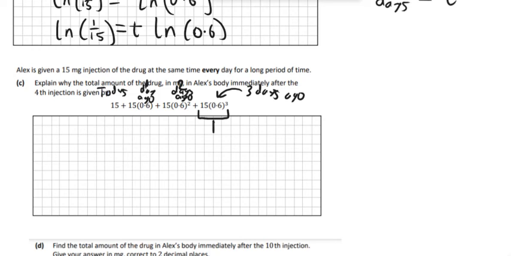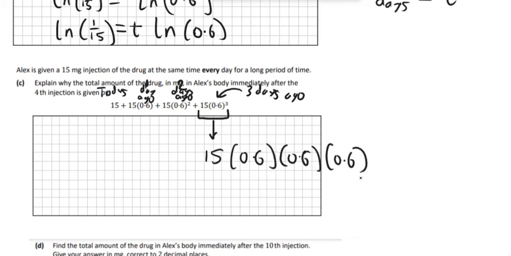If he got 15 in his body 3 days ago, then it would have to be 15 times 0.6 times 0.6 times 0.6, because there's 0.6 amount left after each day, because 0.4 is gone since it decreases by 40%. So you could write that in then, how much is left in his body from the injection 3 days ago.